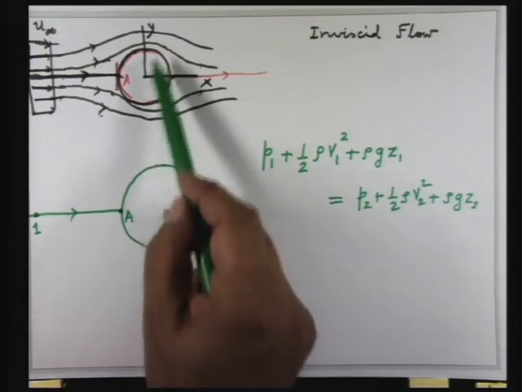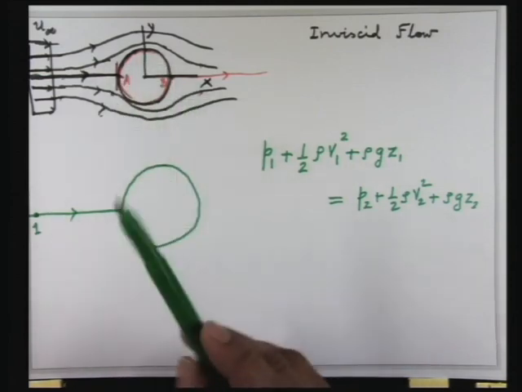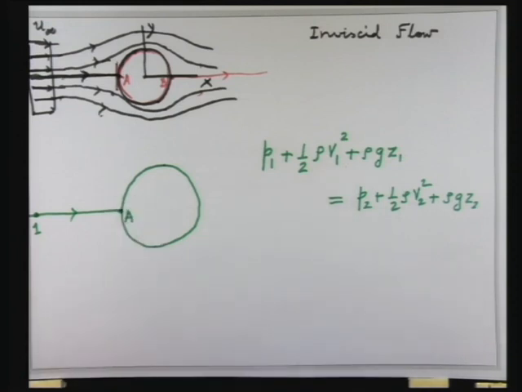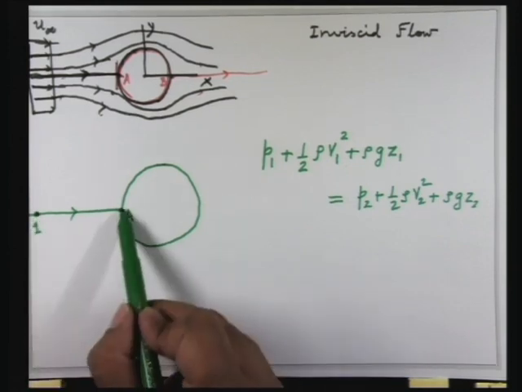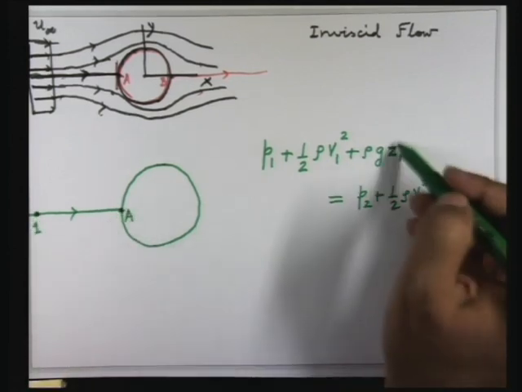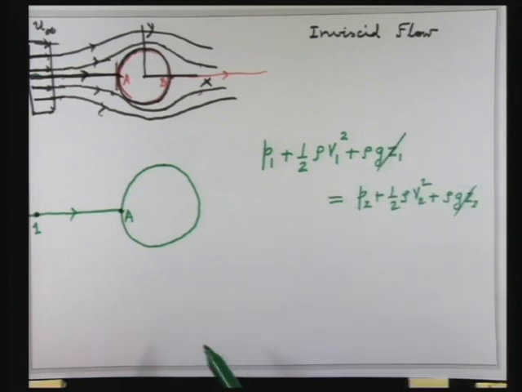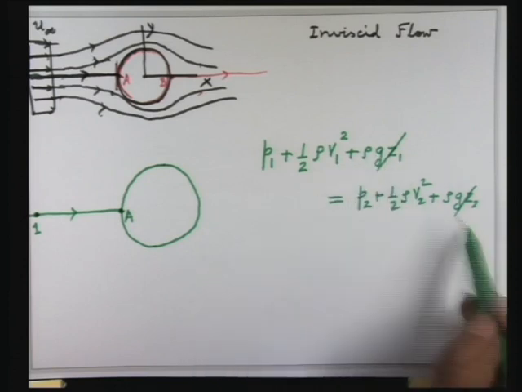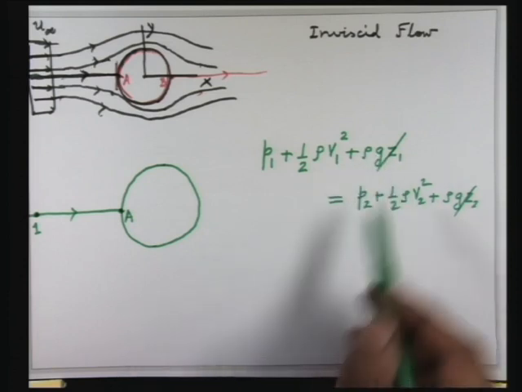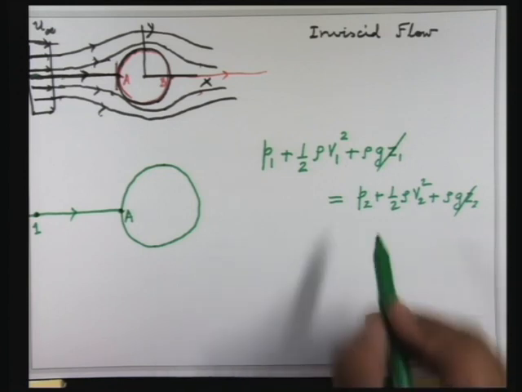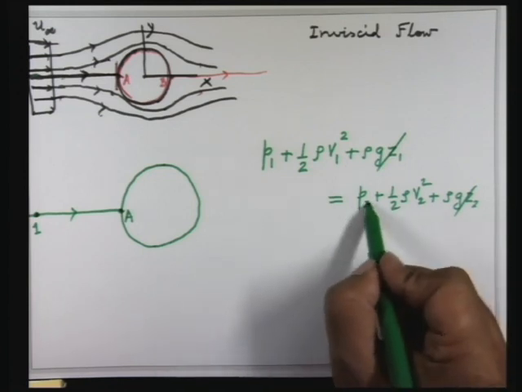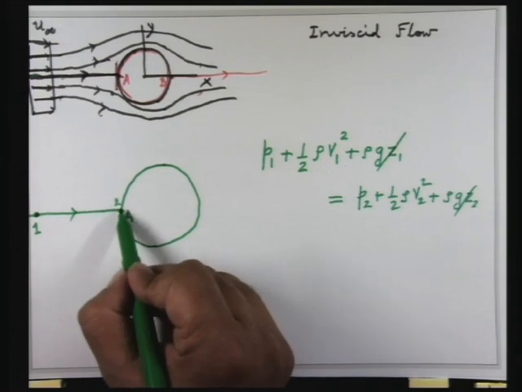Now suppose this is a horizontal cylinder like this, then the Z for 1 and Z for A will be the same, and you can cancel them out. Otherwise also sometimes the difference may be negligible, so we will not worry about the change in the potential energy. Now of course here I wrote 2, so let me call this point 2 maybe.